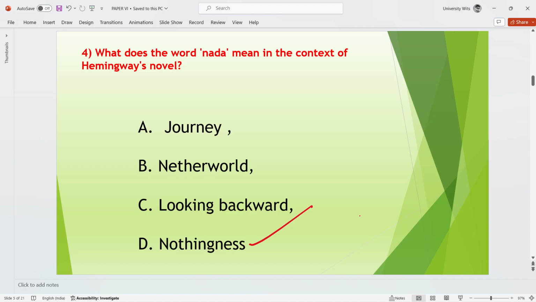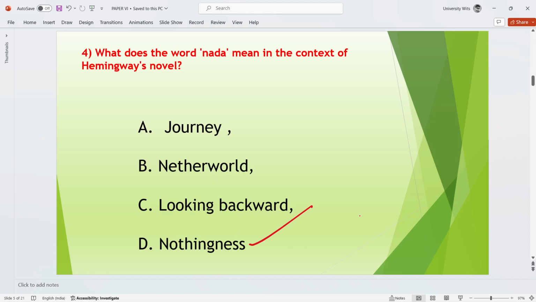Just understand. The remaining options are not right. Why? Because nothingness, the word nada, N-A-D-A, is Spanish for nothing.